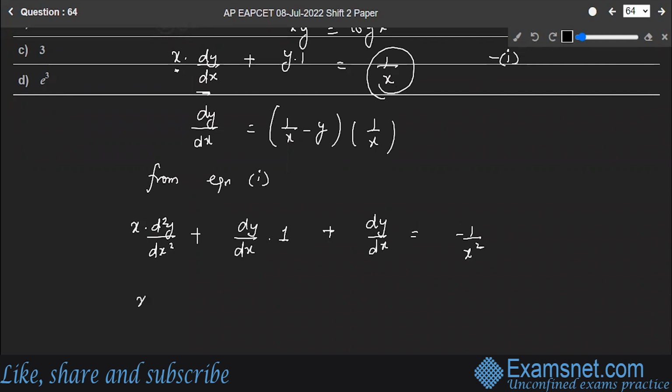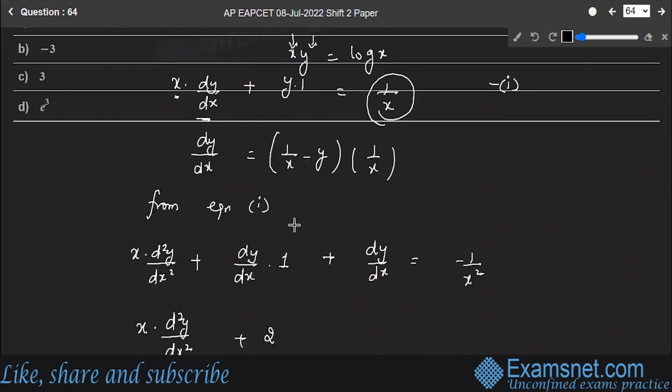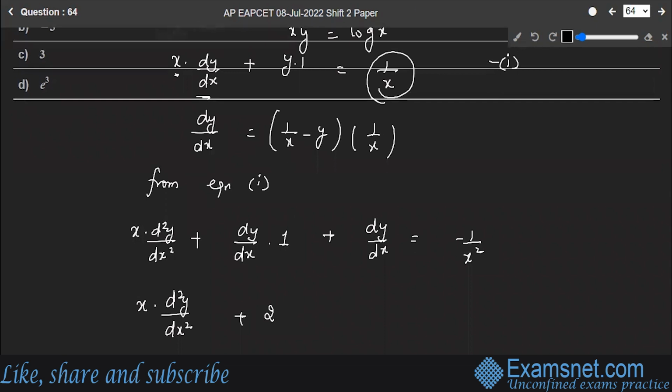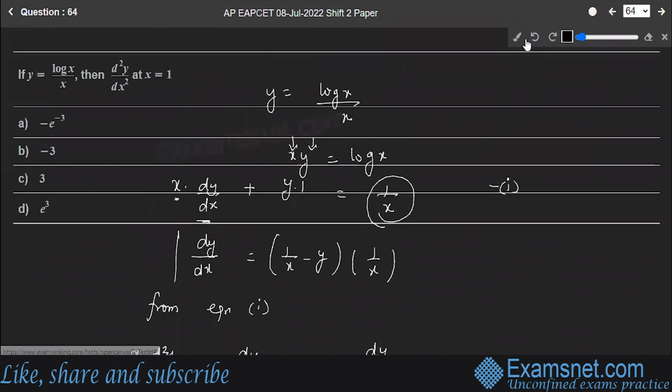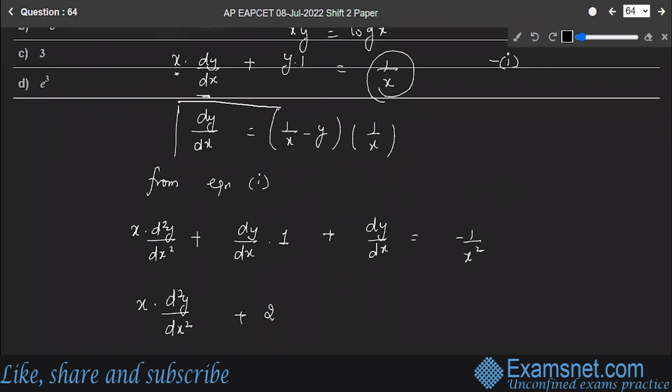So now x into the second derivative of the function plus 2 times dy by dx, right? So I'll pick up this value of dy by dx and fill it in at this place.